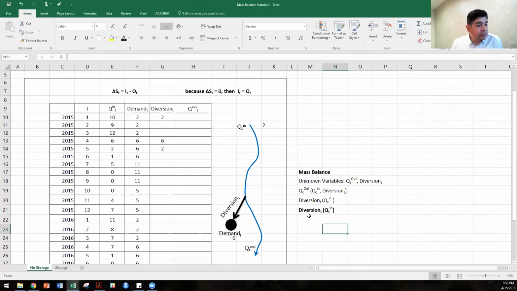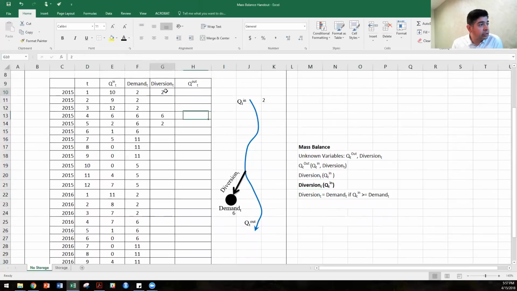So what I'm trying to come up with is a series of rules. How can we estimate this diversion? In this case, the diversion will be equal to the demand if the streamflow coming in is greater than or equal to the demand, as is happening here. What if the demand is greater than the Q in? Then we will only be able to divert the Q in, which is this second statement.